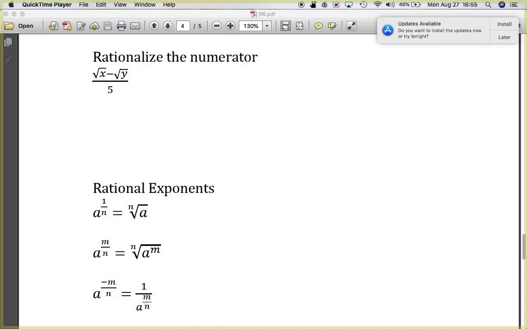So, same way as before, to rationalize a denominator and or a numerator, you look at the piece that you're rationalizing and you multiply it by the conjugate, which, remember, that just means you take the sign and you change it.